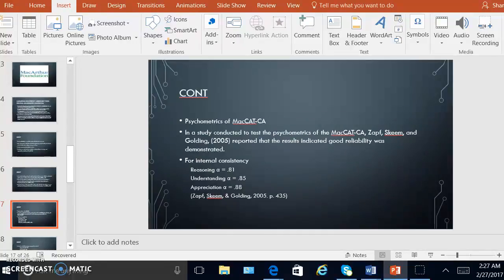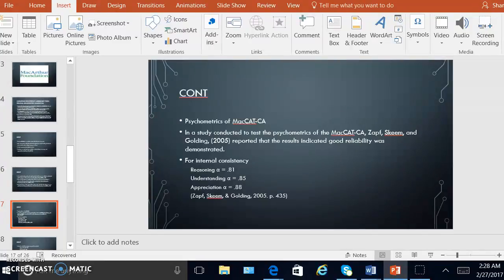The psychometrics of the MacArthur were tested in a study. It reported that the results give good reliability. In other studies I found the same results. They have a good reliability. As you can see here, there's a good internal consistency.